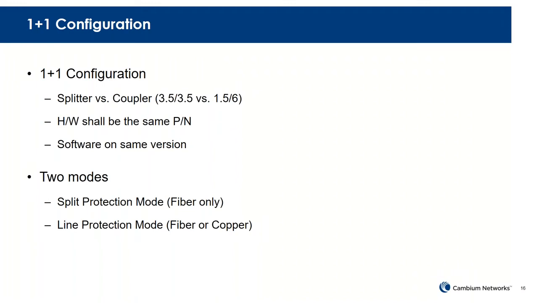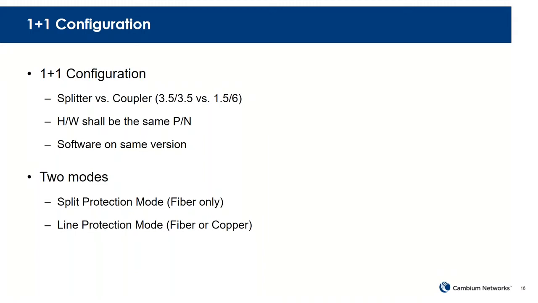That's what we talked about. And a few things about the 1+1 configuration. We support multiple options for 1+1 hot standby configuration. I'm going to talk about the difference between a splitter and a coupler. With 1+1, you need to use a coupler.